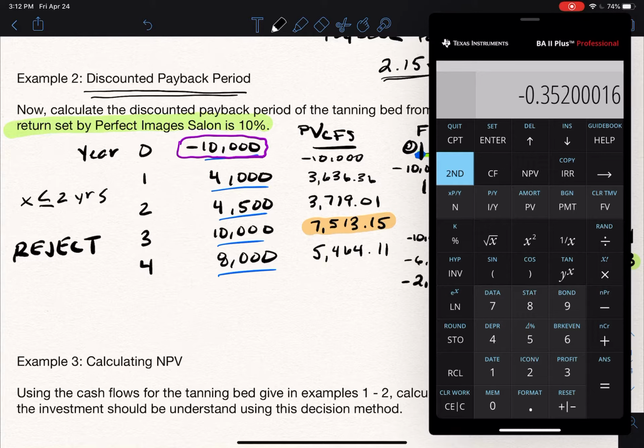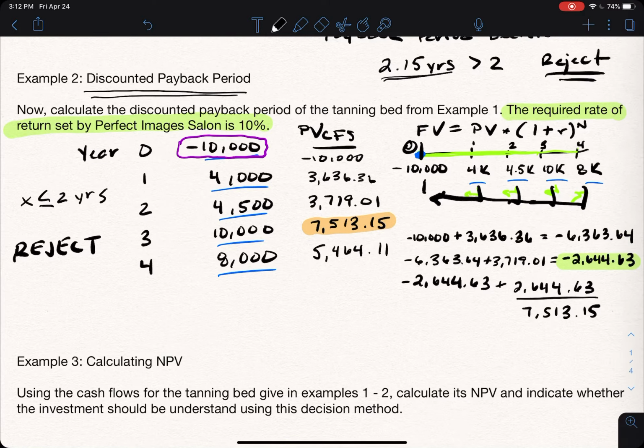And you can ignore the negative. I just didn't make the last answer positive. And if we go ahead and round to 2 decimal places, that's 0.35. All right, so 0.35. So that means that it is going to take 2.35 years using the discounted payback period method to recover our initial investment.